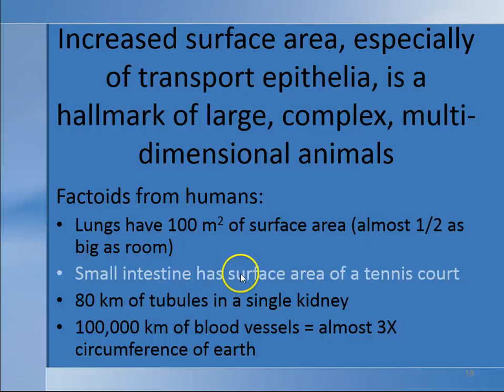Just a side note, I like this one. The small intestine, to put that 600 square meters in perspective, is about the surface area of a tennis court, and it is all folded up inside you. Remember, nature is super efficient, and that's pretty exciting.